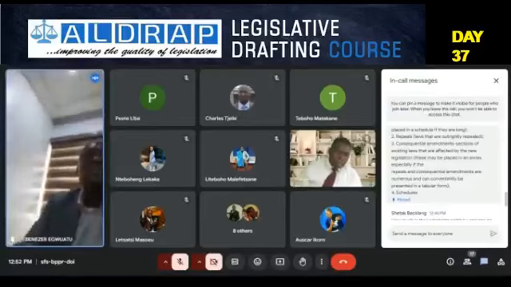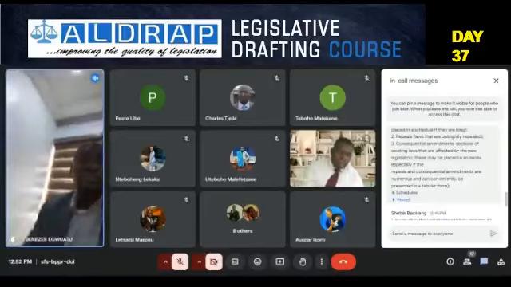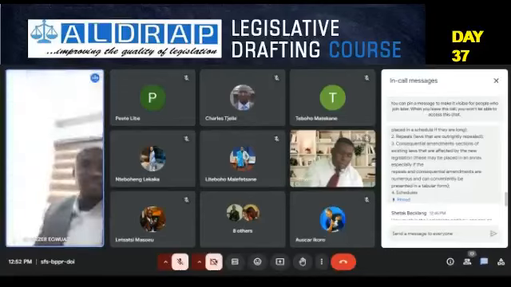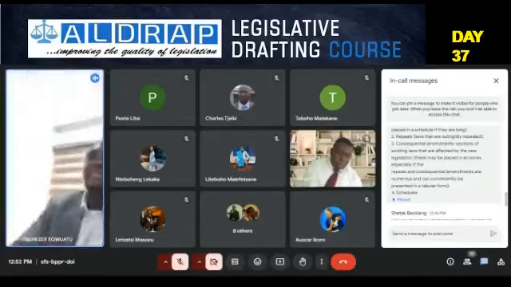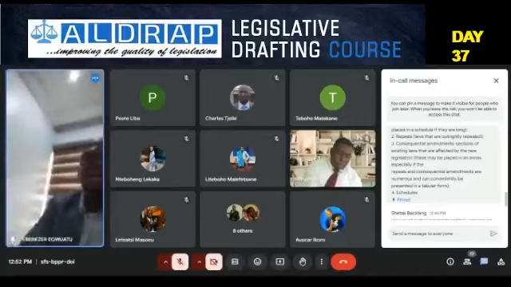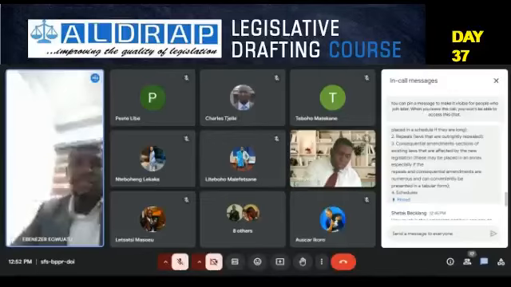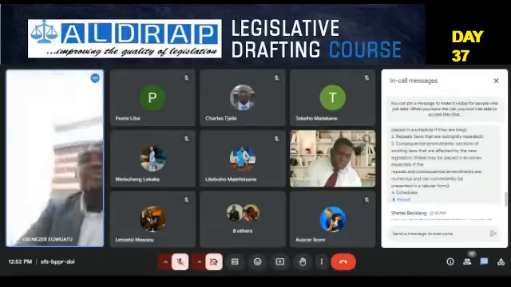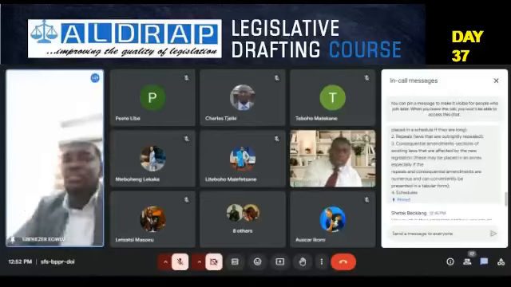Instead of putting the list in section 2, subsection 2A, and that list runs into 3, 4, 5 pages because it's a long list, or the entire list is 2 pages, you banish such a long list to a schedule. You make it a schedule, and you just make reference to the schedule in your section.